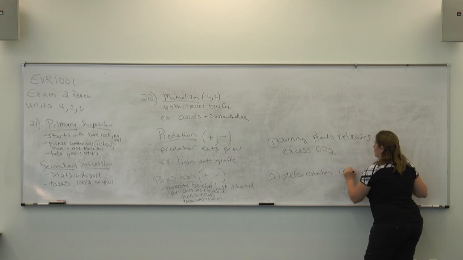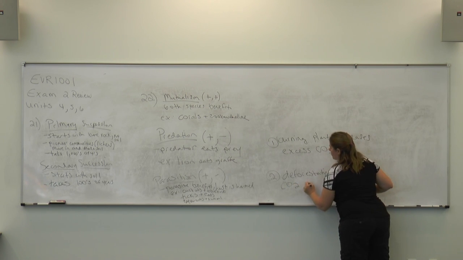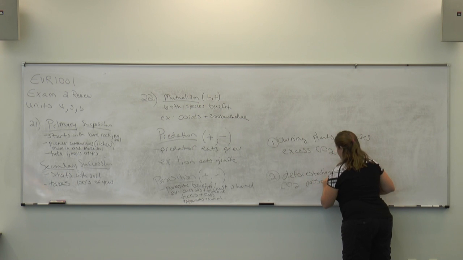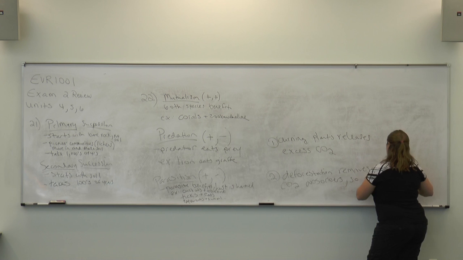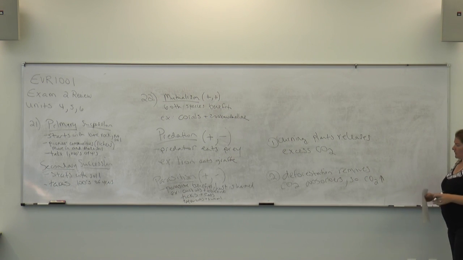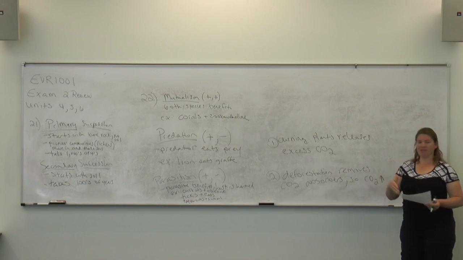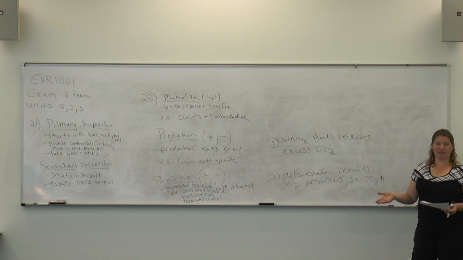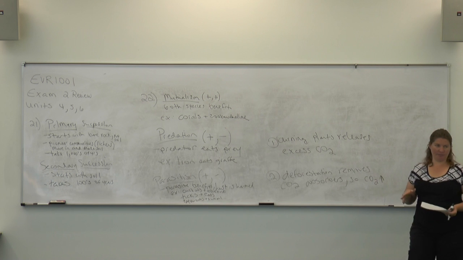Deforestation removes the carbon dioxide absorbers, the plants. If the plants are being chopped down, then they can't do photosynthesis, which is how carbon dioxide gets absorbed. So if less carbon dioxide is being absorbed, then carbon dioxide goes up.